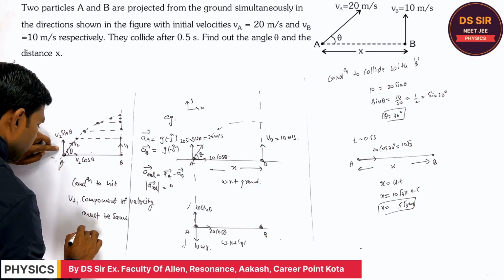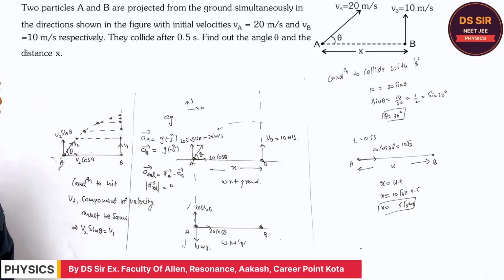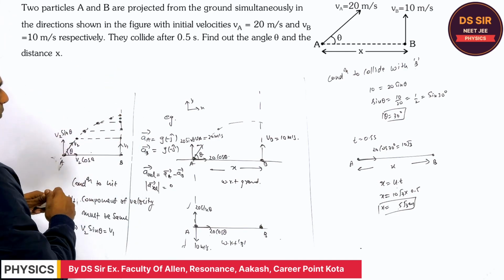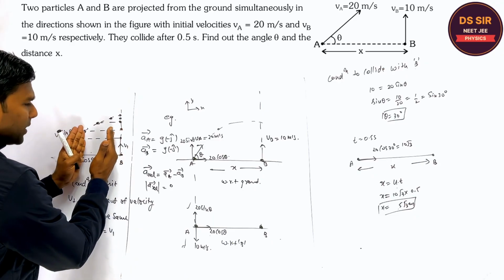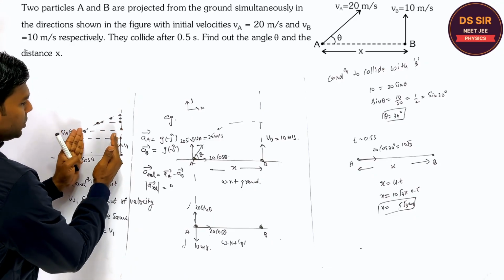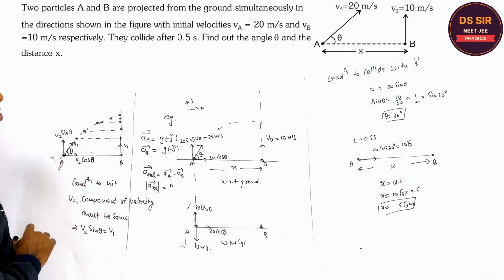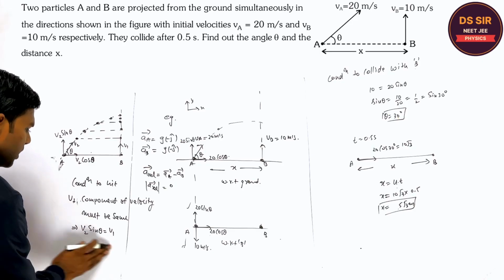V2 sin theta must be equal to V1. So their vertical displacement must be the same, and the perpendicular separation must be decreasing, and this is the V2 cos theta. So by what rate are they decreasing this separation?